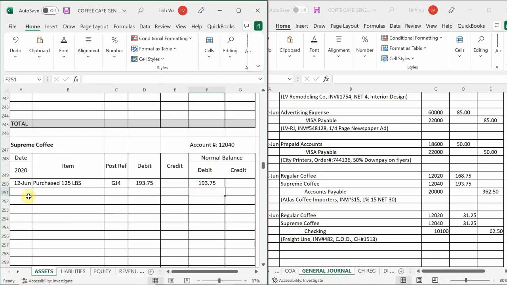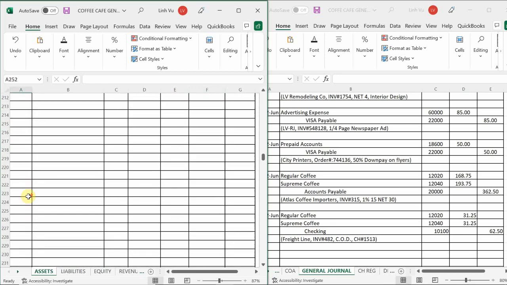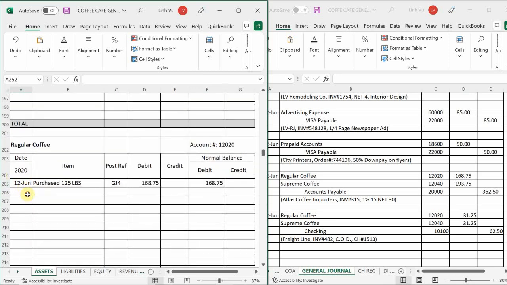Starting with regular coffee, shipping cost, page 4, for a total of $31.25.